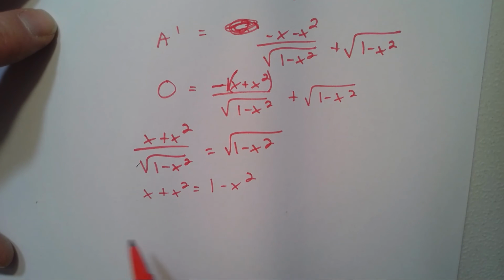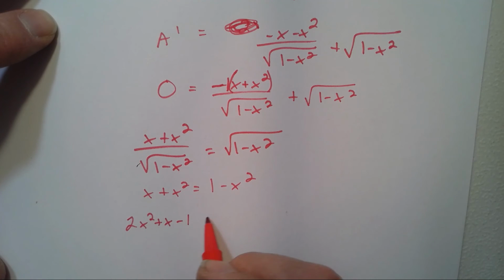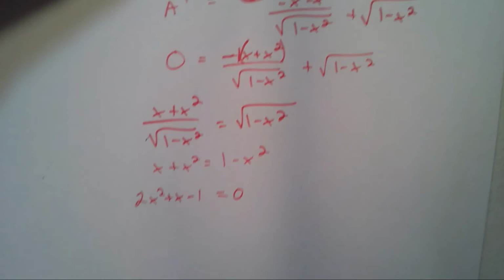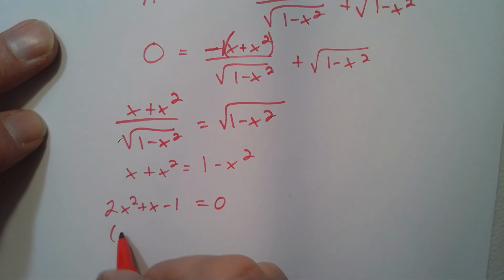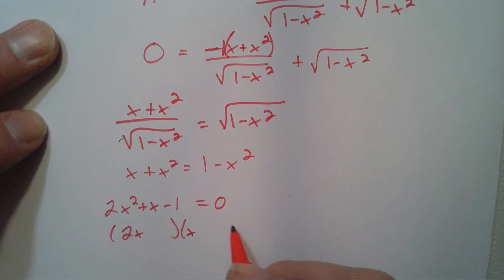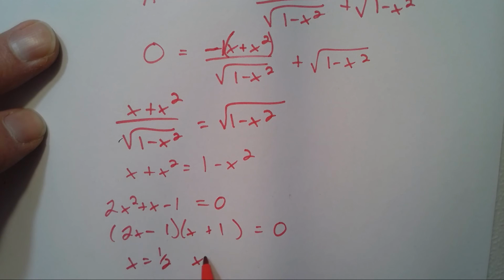Get everything on one side, so I have 2x squared plus x minus 1. That factors to be that. Set them equal to 0, x is 1/2, x equals negative 1.